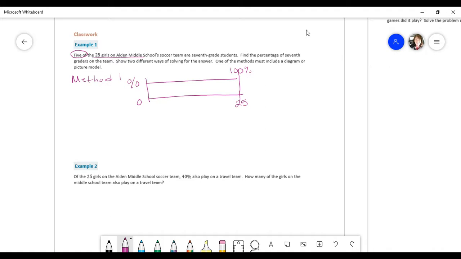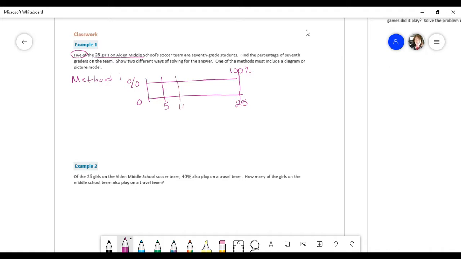So out of this, we need to go ahead and break this down. How would we get from 0 to 25? If we need 5 to be here, okay, if we need 5 to be our number, what do you think we're counting by? Right, we're counting by 5.